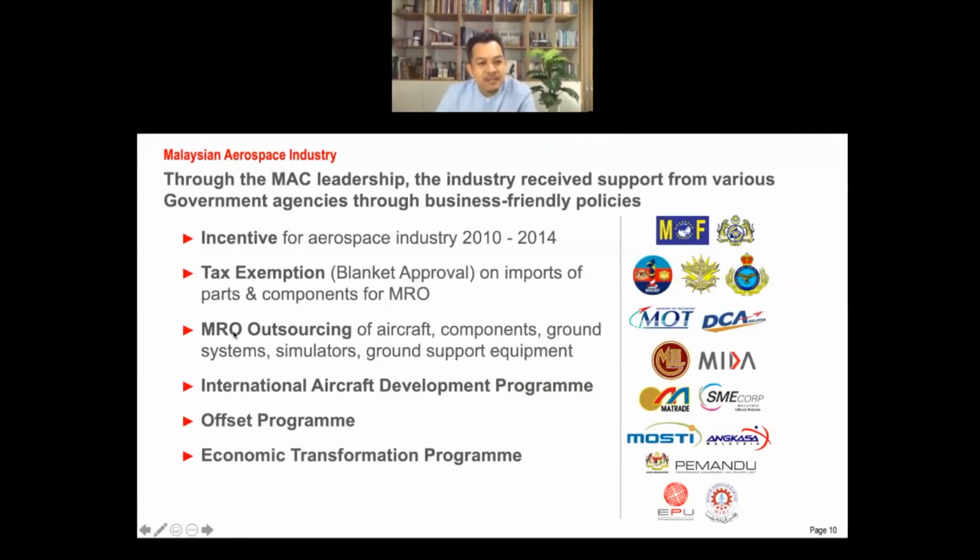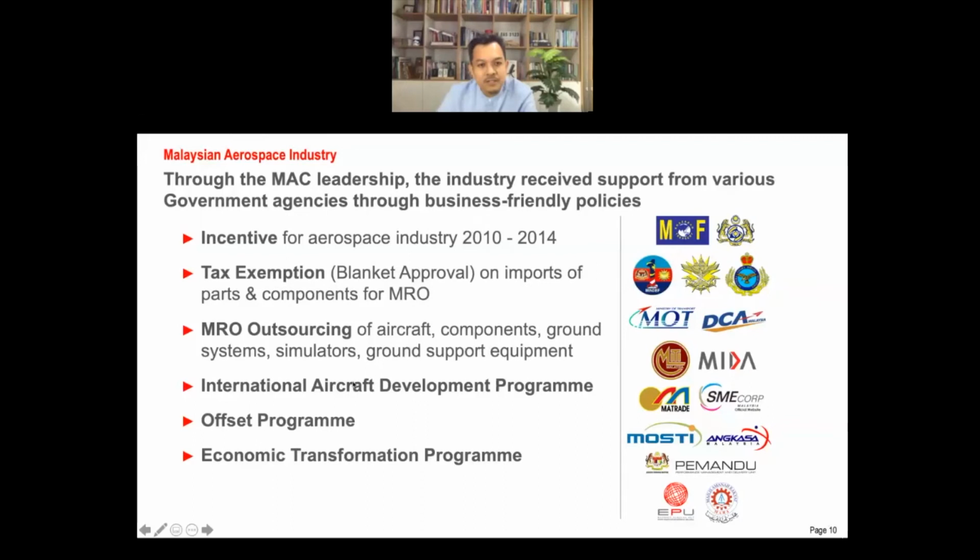It really helps the smaller players, where major MRO players, when they obtain a contract, can then outsource their services to smaller companies. So this eventually provides more jobs to the MRO community, especially in Malaysia.